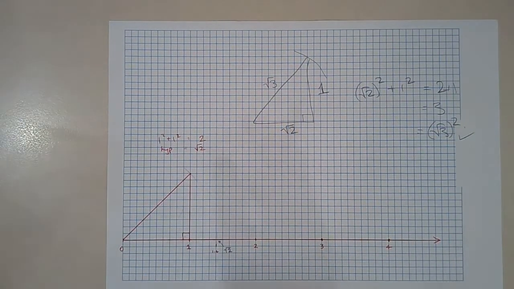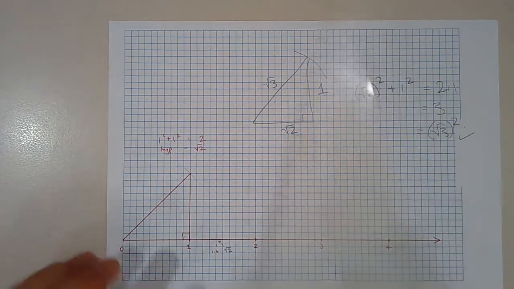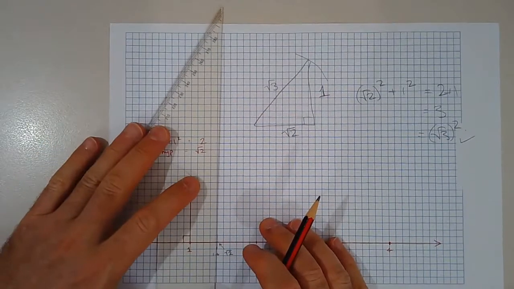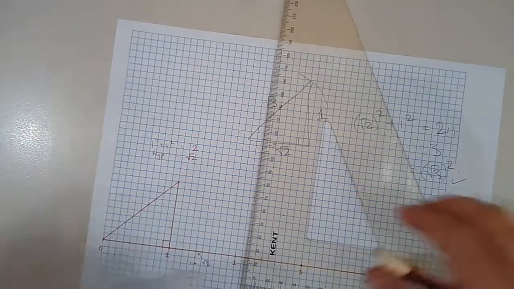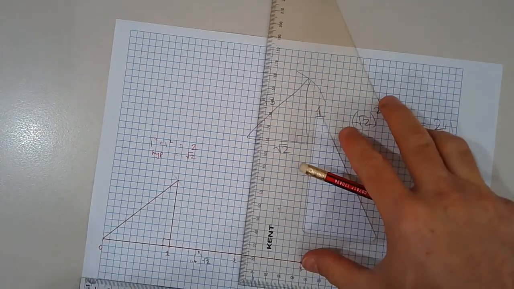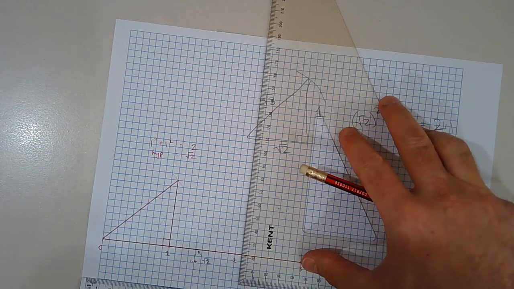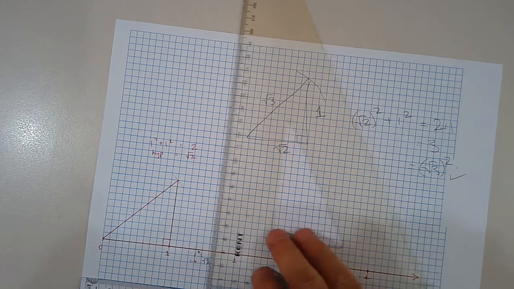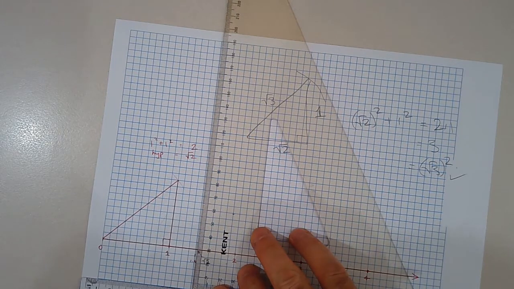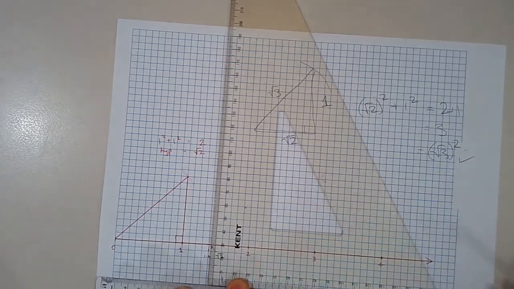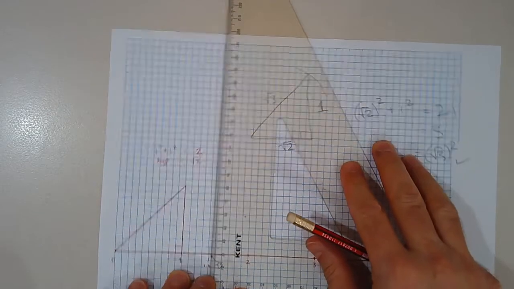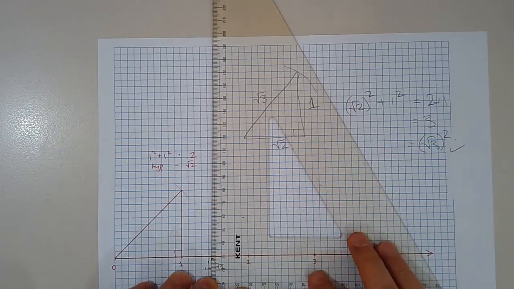Right, so let's do this again. To make this a little bit more accurate, I tend to use 2 rulers to draw another perpendicular here. I'm just going to align the paper there.